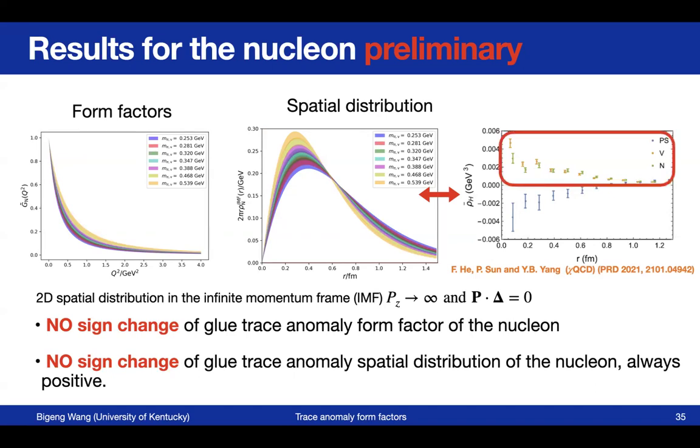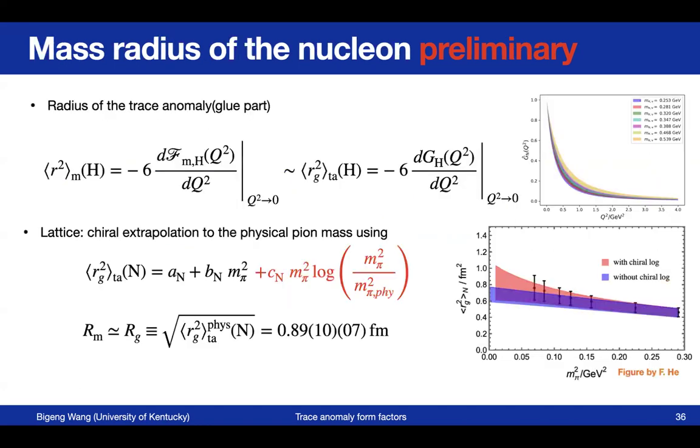Also for the proton, we try to calculate the radius of the trace anomaly, because the trace anomaly dominates. So the mass radius almost just comes from the trace anomaly. We did a similar chiral extrapolation, with and without the log term, and use that as the estimate of the systematic error in the second bracket here.